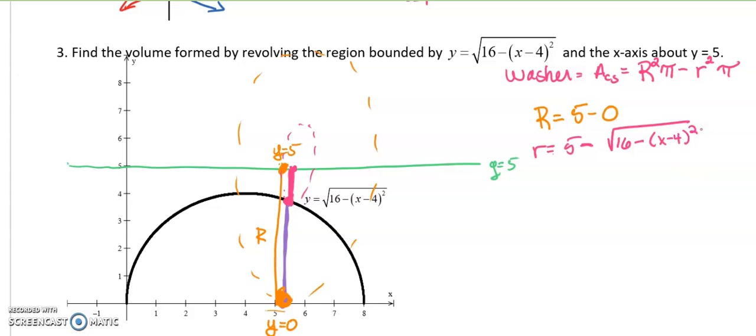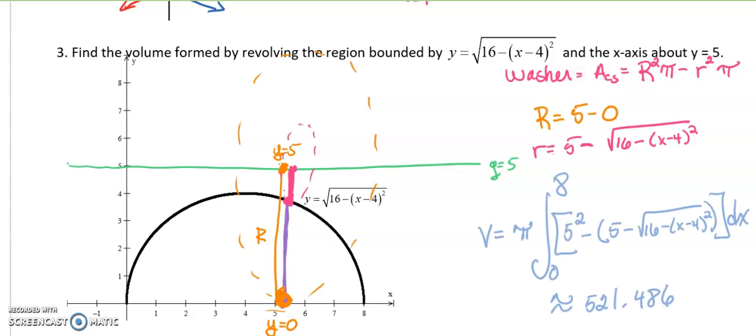And that's my little r. What I'm going to encourage you to do is pause the video, get an integral set up, and then take a moment and put it in your calculator to get a final answer. As you can see in blue there, I've written my integral and I've gotten a final answer. If you are struggling with any of these first three problems, again, I encourage you to take advantage of my live sessions and ask questions.